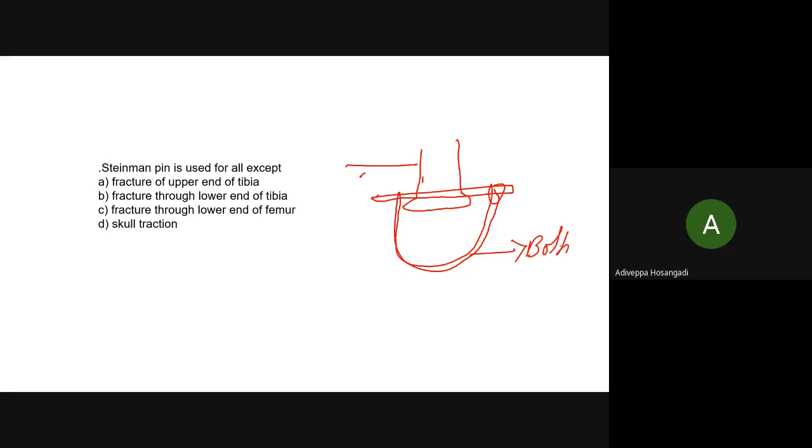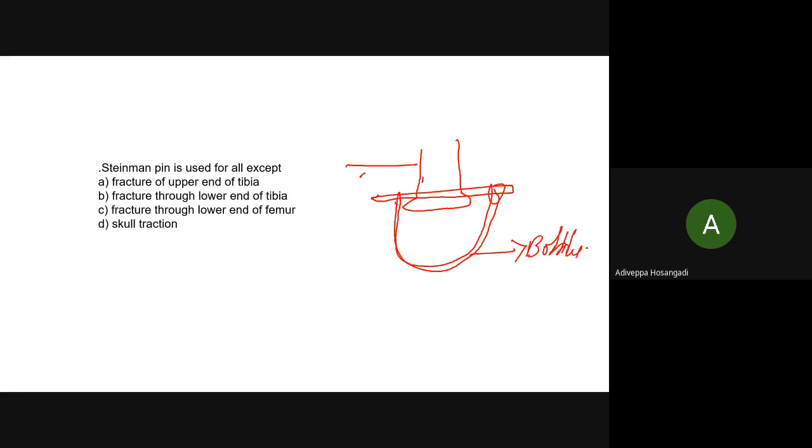For skeletal traction, what you are using is the Steinman pin, like this. This is the lower end of tibia, you put the pin like this, and there is a U-shaped Bohler stirrup. Please remember this, it is very, very often asked.